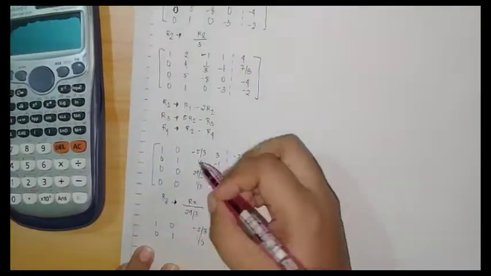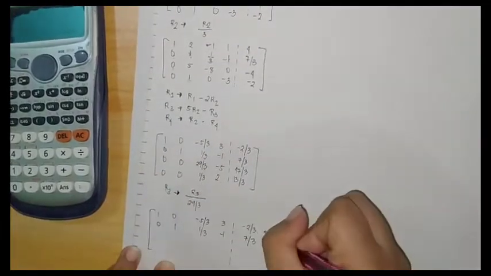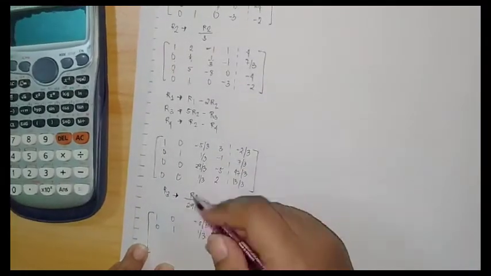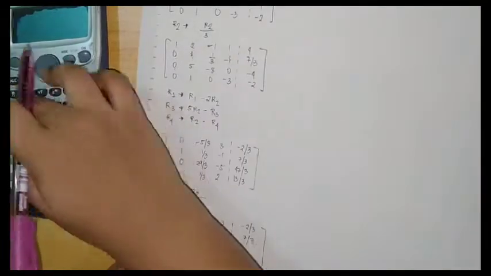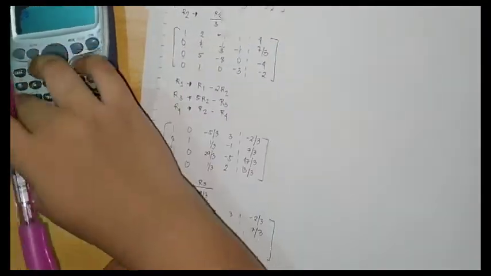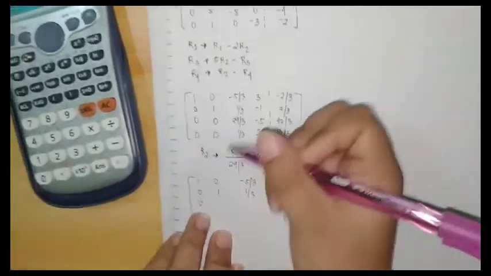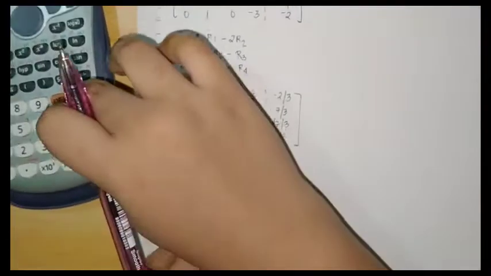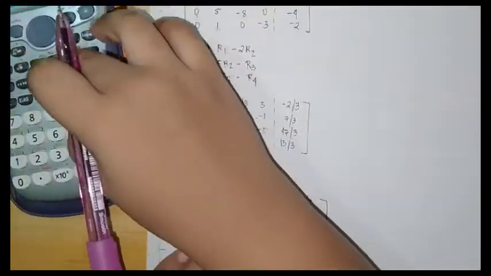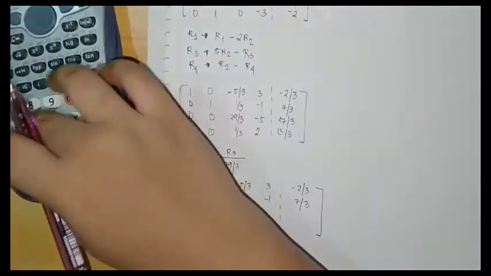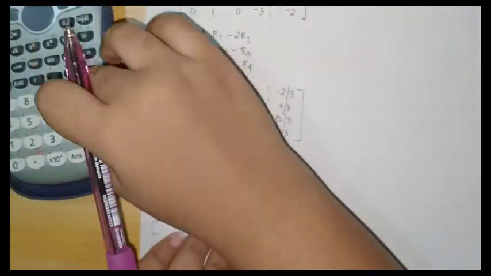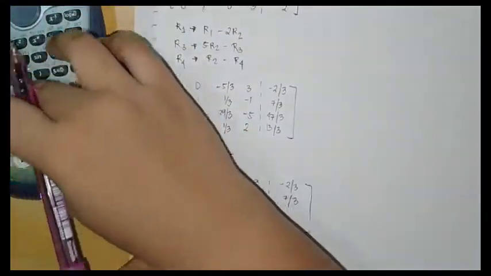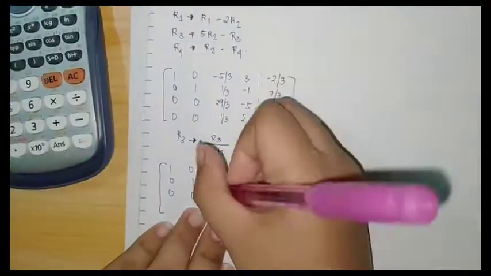So for row 3, we're going to divide row 3 by 29 over 3. So 0 divided by 29 over 3, we have 0. Again, 0 again. And then 29 over 3 divided by 29 over 3, so we have 1.